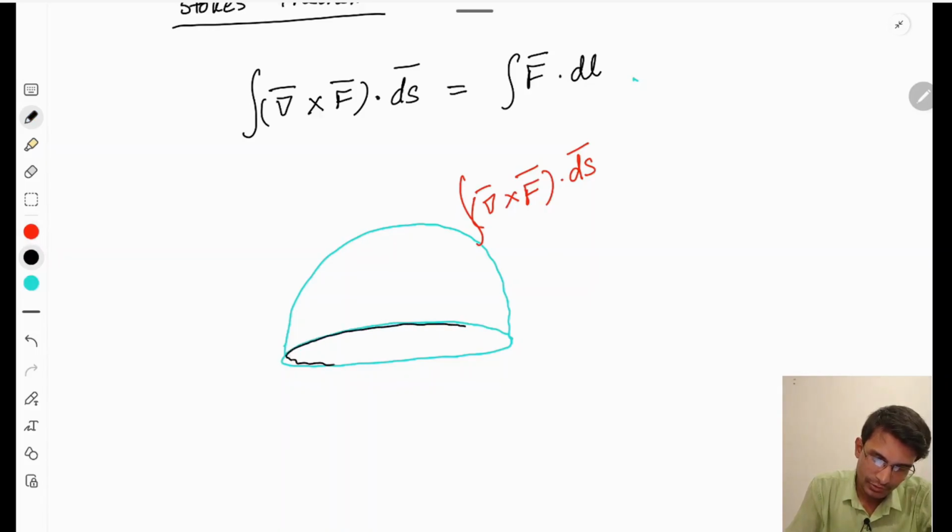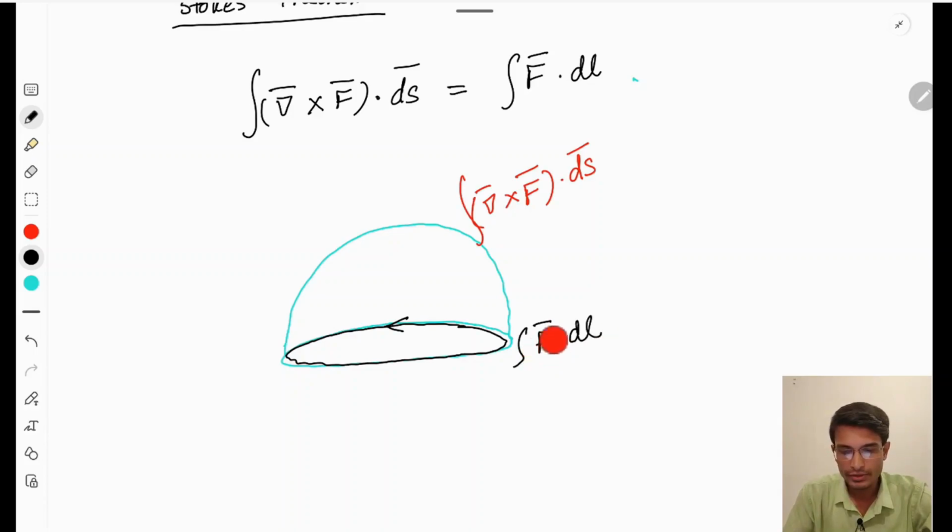So if this is the edge of the surface, then it will be the same as taking the line integral of the vector quantity around the edge of the surface. So this is what the Stokes theorem means.